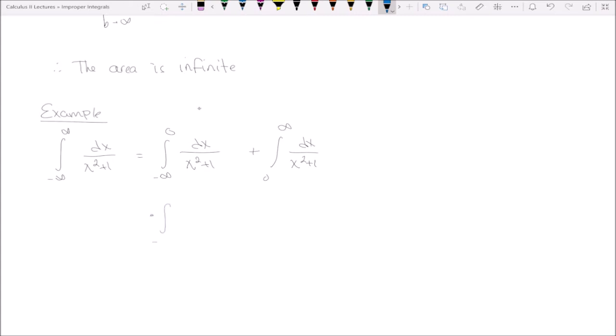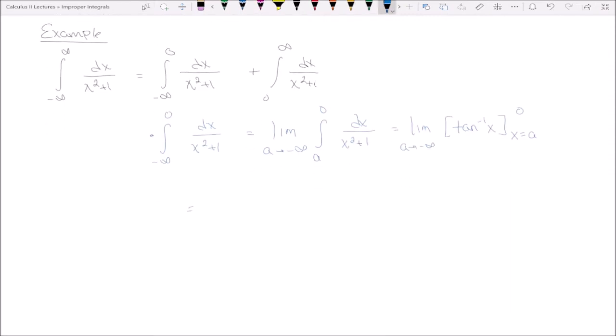So first, let's take a look at minus infinity to 0. This is going to be the limit as a approaches negative infinity of the integral a to 0 of dx over x squared plus 1. Right, well, that antiderivative is the inverse tangent of x. So it's the limit as a approaches negative infinity of the inverse tangent of x as x goes from a to 0.